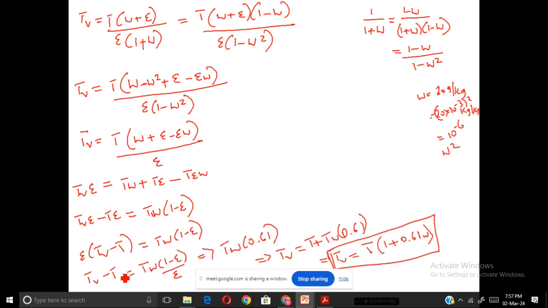After neglecting the second order terms, the W square terms, we finally reached this equation: TV is equal to T into (1 plus 0.61 W). So this is the equation that we are going to use.